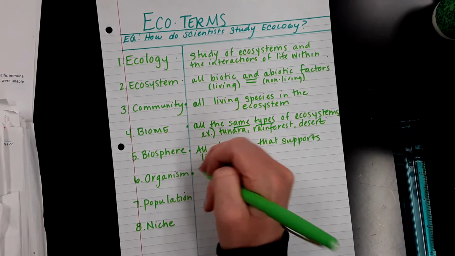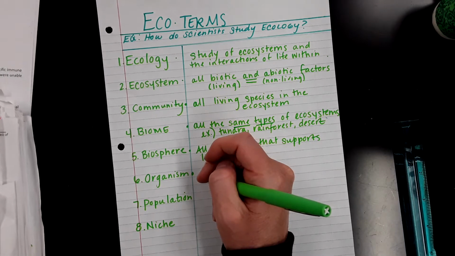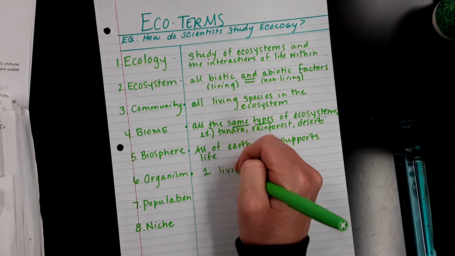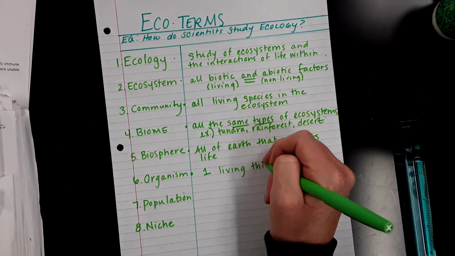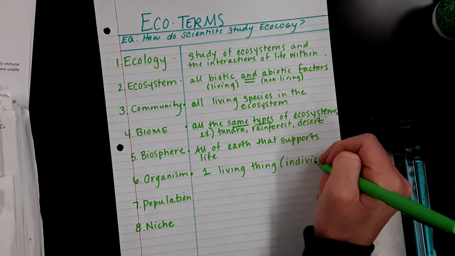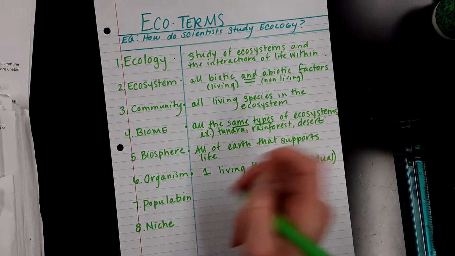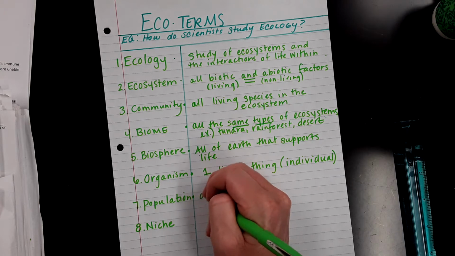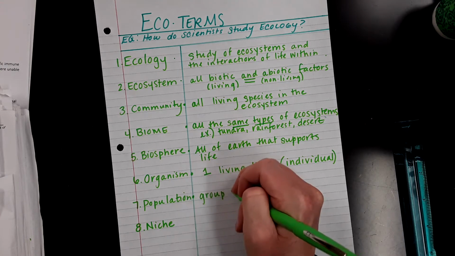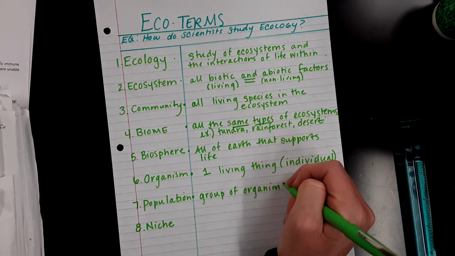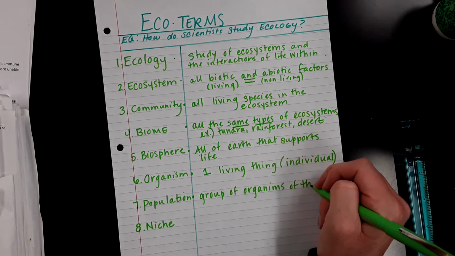An organism is one individual living thing. A population is a group of these individuals from the same species. So it's a group of organisms of the same species.